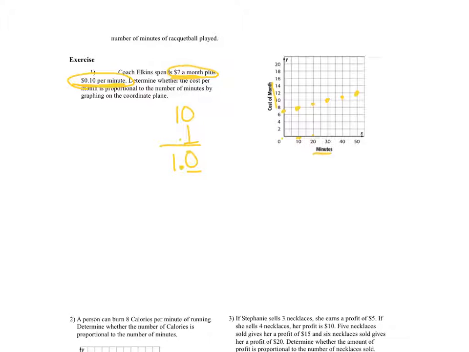So if I were to look at this, I would say this is non-proportional, okay? And it's non-proportional because it does not start right here at 0, 0. So doing that, it's going to make it non-proportional.